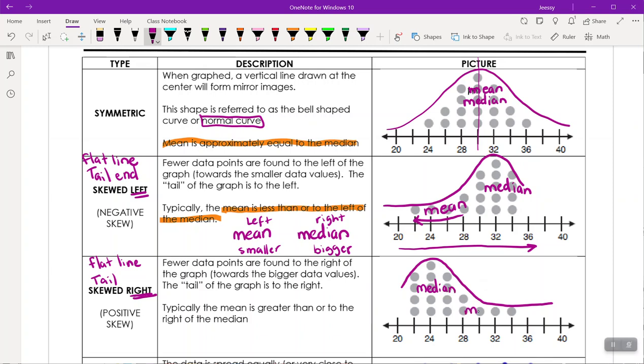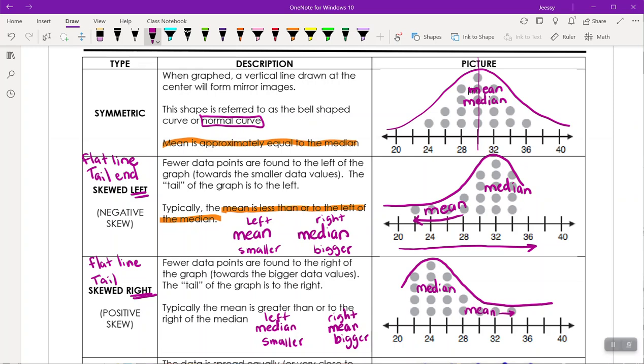And the mean is going to get dragged by the outliers. So the median would be on the left. It's going to be a smaller value. The mean is probably going to be more on the right of the median, not necessarily at the end. Are we clear? It'll definitely be bigger.